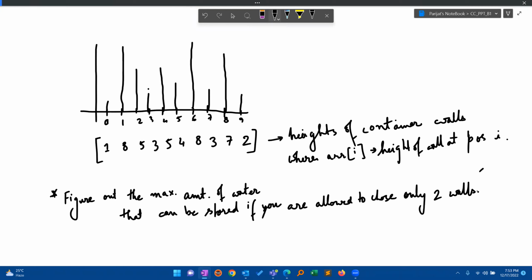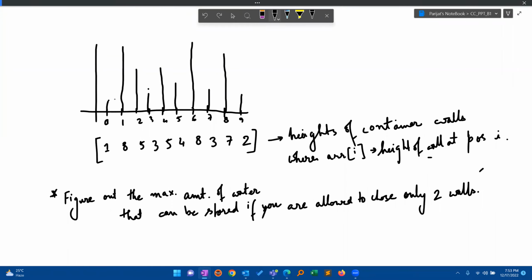In this case, if you chose these two, 0 and 1, the maximum amount of water would have been this much only, right? So the answer would have been 1. If you had chosen these two, then the water would have been height 1 and width 2, so 2, right?